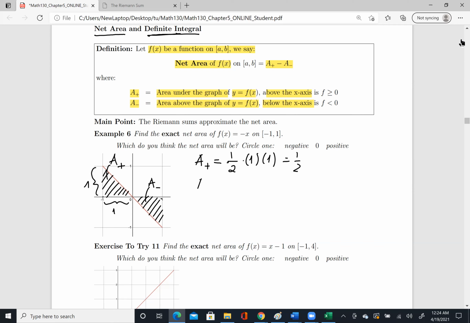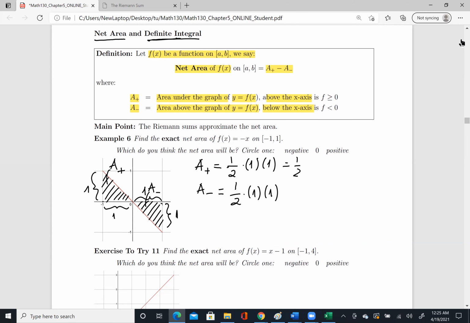For the A negative, it's also equal to 1/2 times 1 times 1. Here is 1, here is another 1, and that will be equal to 1/2.